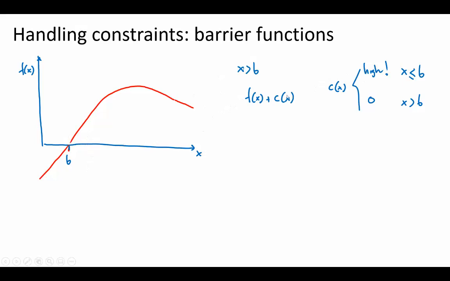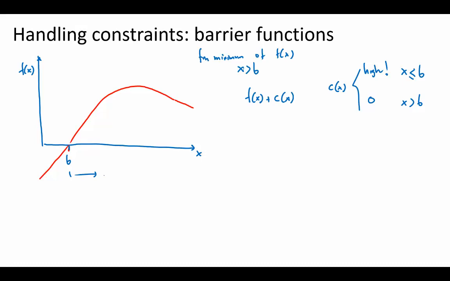For example, if I want to minimize, to find the minimum of f(x), then if I go below b it will be a very high number, and the function, which is looking to minimize, won't find any solution there. But in the range where x is greater than b, it should be zero. It shouldn't affect the original function.